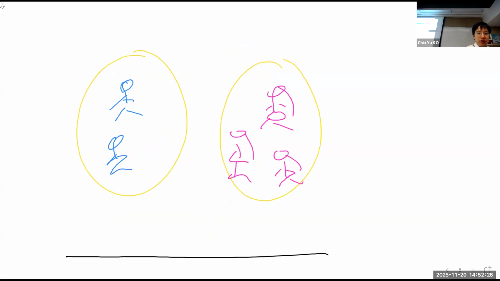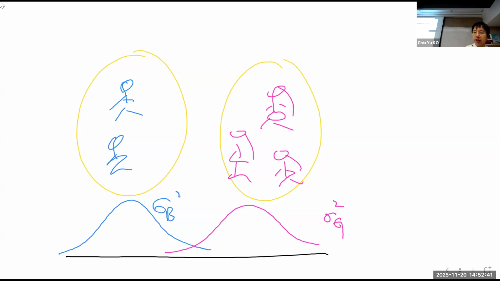We assume the boys and girls follow an underlying bell curve, and the bell curves have the same variance. So sigma girl squared is the same as sigma boy squared, both equal to sigma squared. The same variance, the same shape. The only thing we want to see is whether mu B and mu G are equal or not.